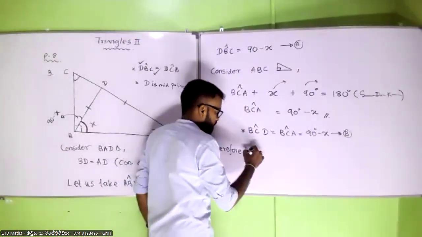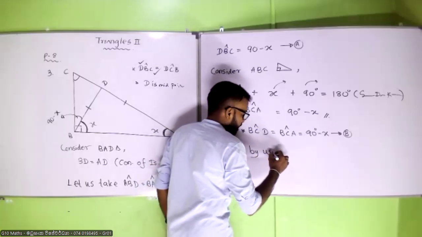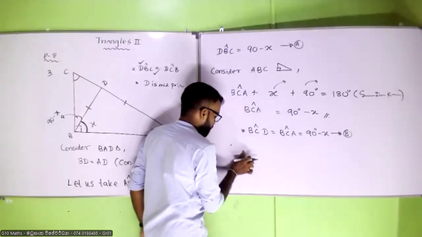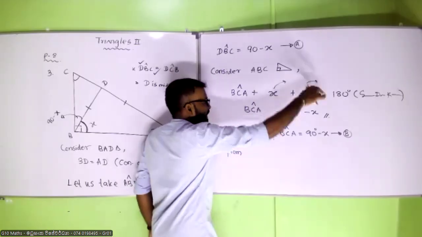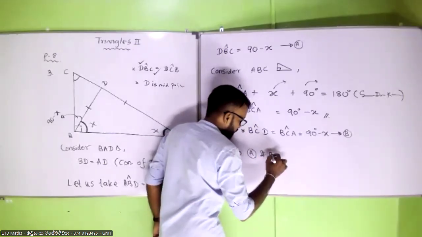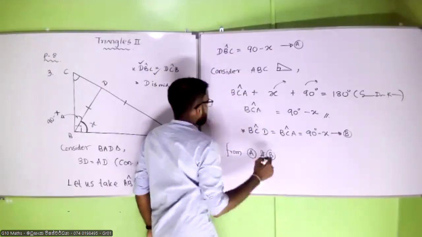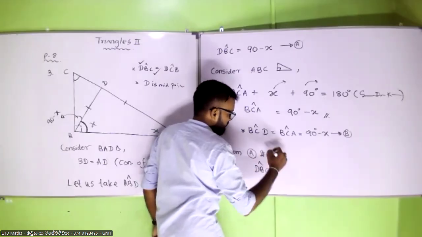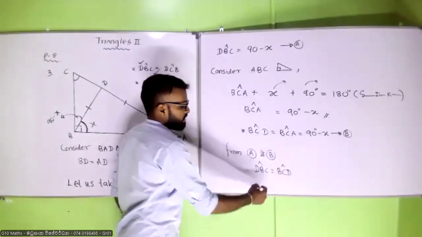Therefore, by using A and B, you can write DBC equals BCD.